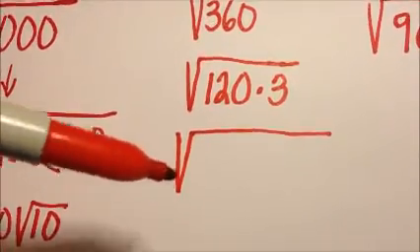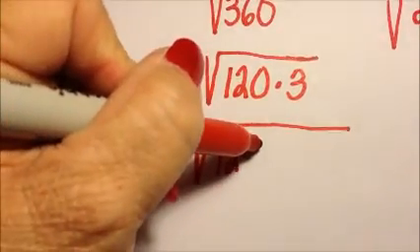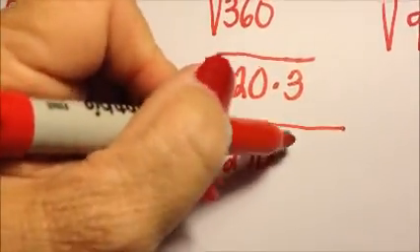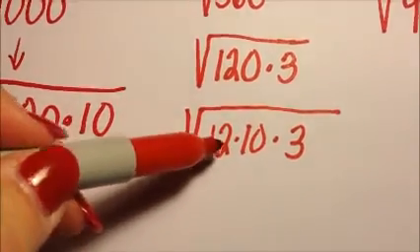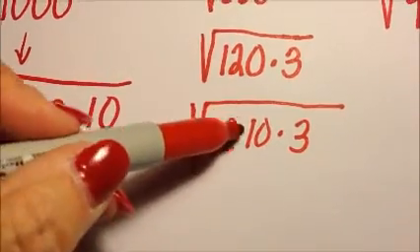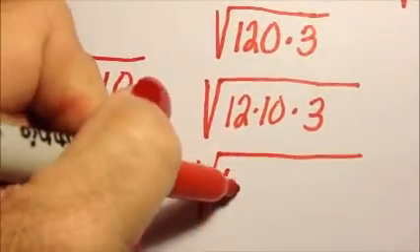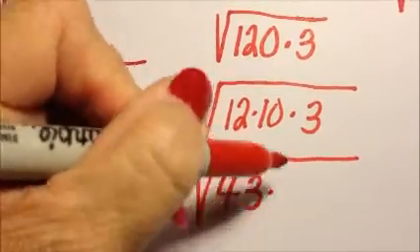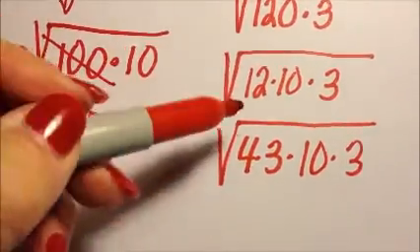But if you didn't think about that, then you could say, well, I know that's 12 times 10, and I still have that 3. Now, what have I got here? Look at this. I could break 12 down: 12 is 4 times 3. I still have 10, and I still have 3.